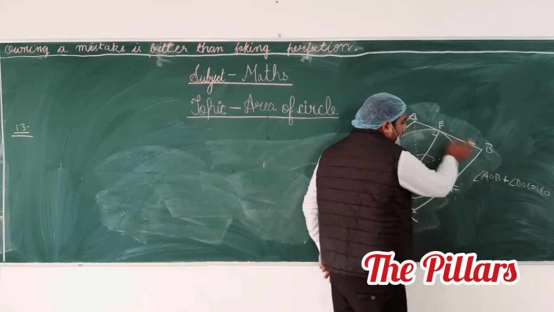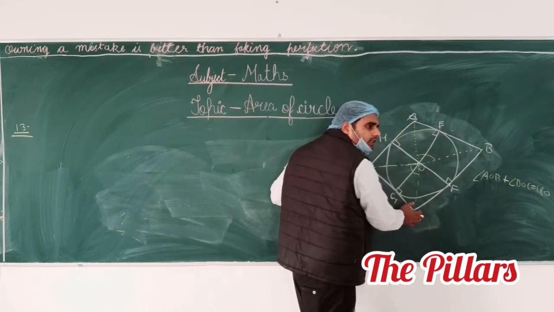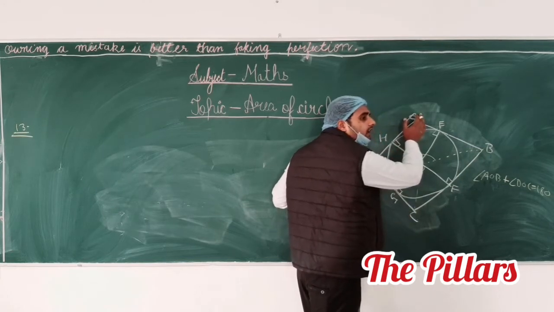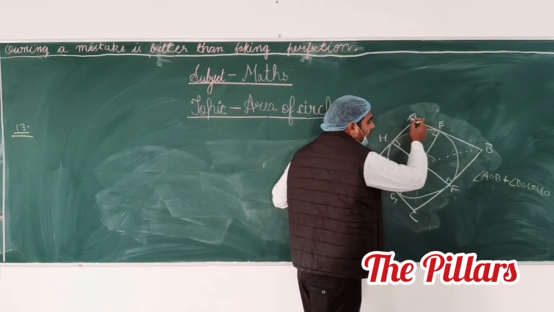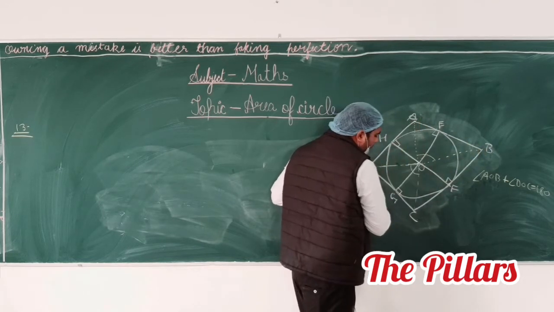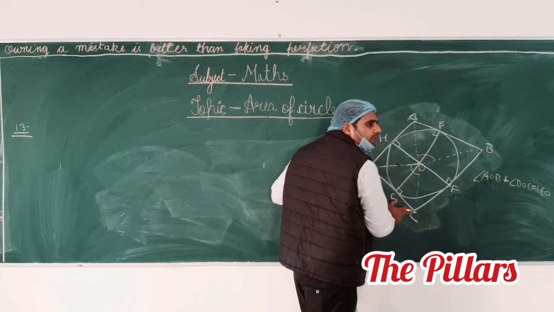You see that AB and DC are the opposite sides of the quadrilateral. Similarly BC and DA are the opposite sides. The angle made by AB at the center is AOB, and the angle made by DC at the center is DOC.